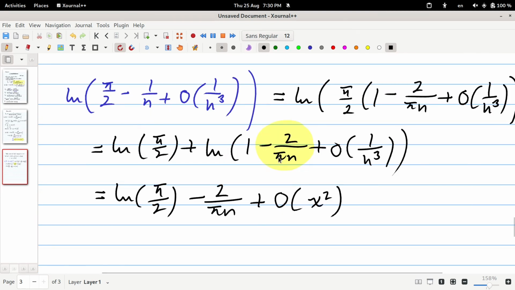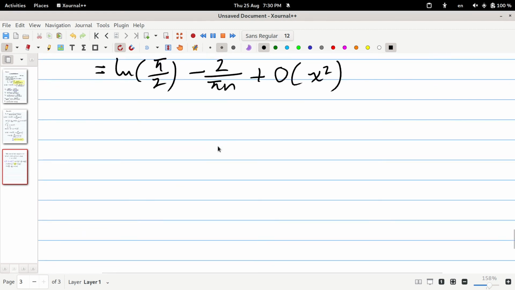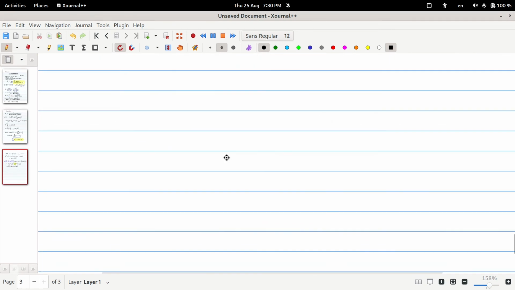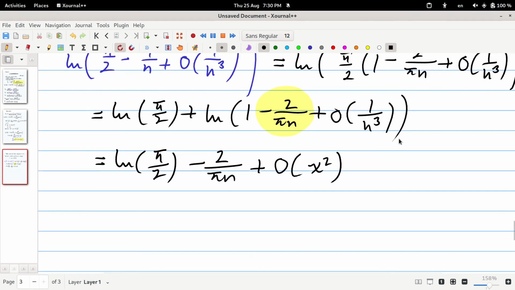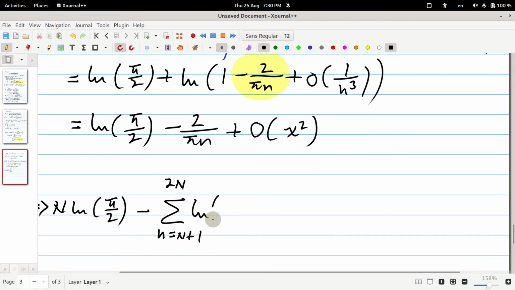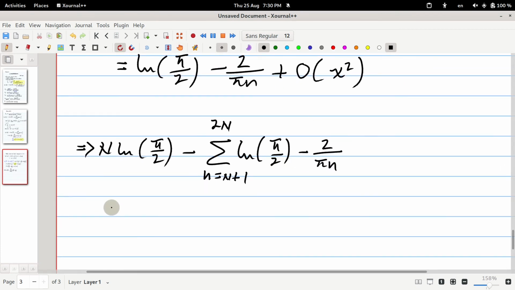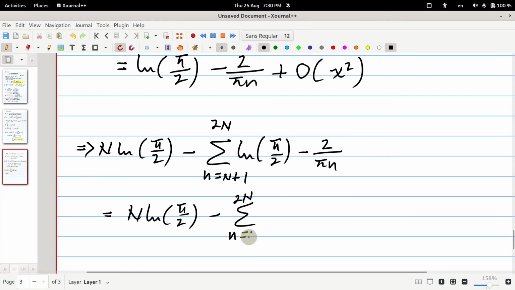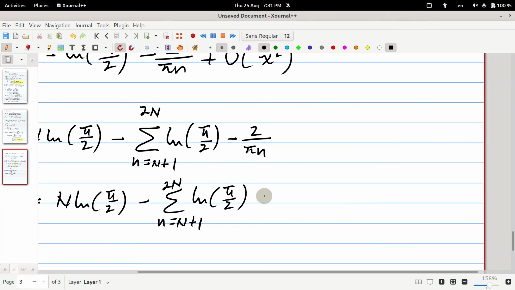We finally managed to express this part of the sum with a nice algebraic expression. So we're just going to substitute it back in. So this would be ln of pi over 2 minus 2 over pi n. Now we could just split this summation: ln pi over 2 plus the sum right here.